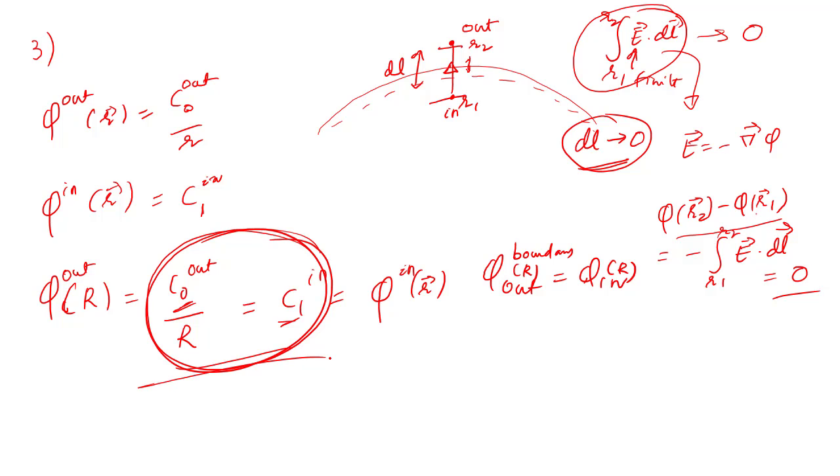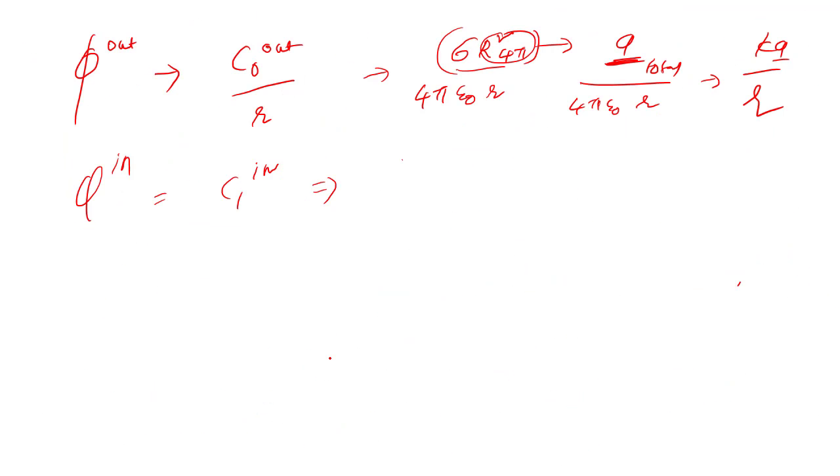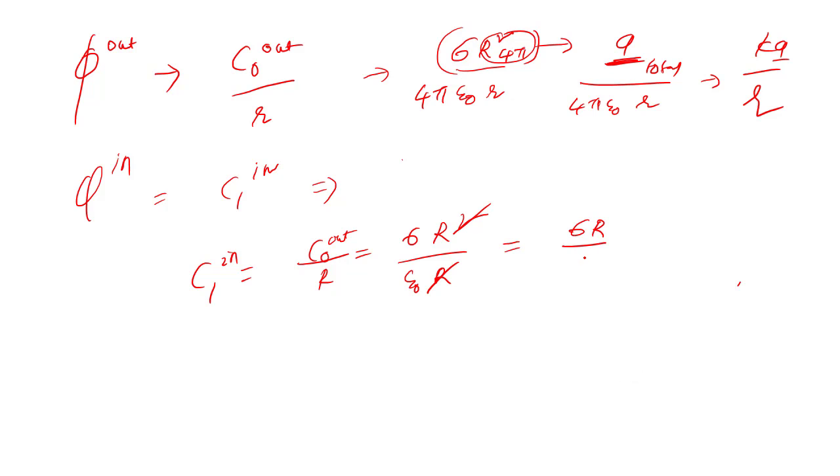So I know the C out, so C1n should be C out by R, that is sigma R squared by epsilon naught by R. So that's cancelled, and you have sigma R by epsilon naught, right?